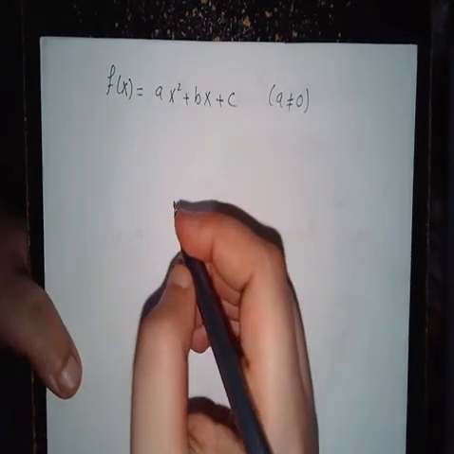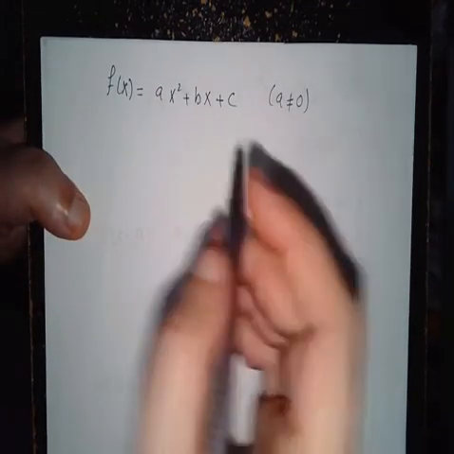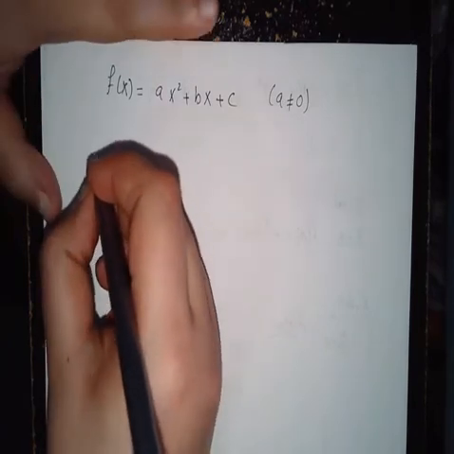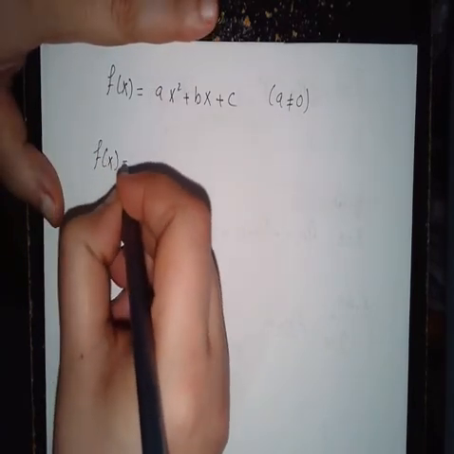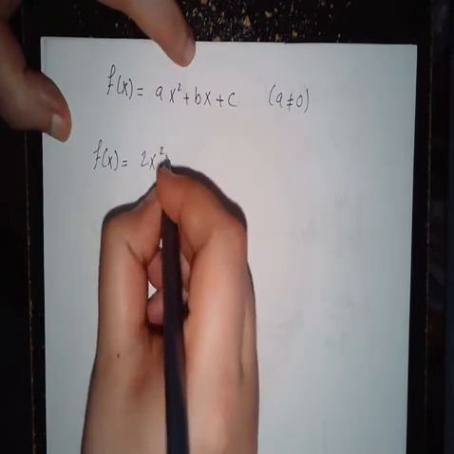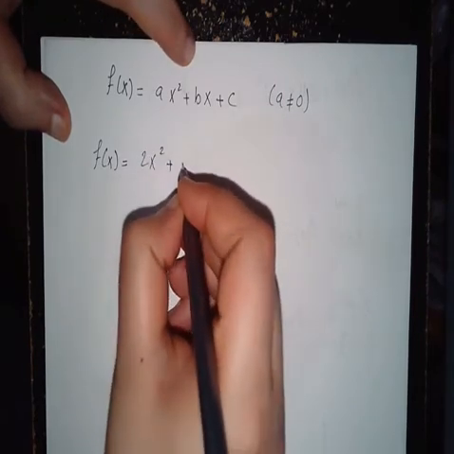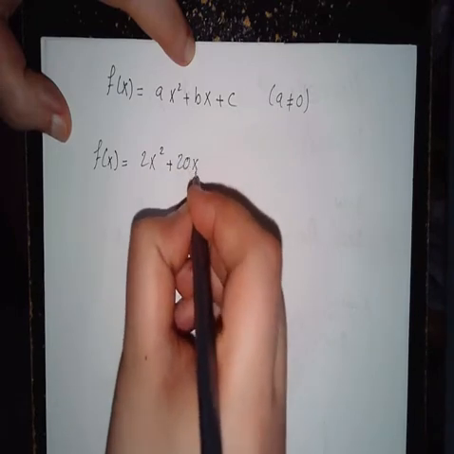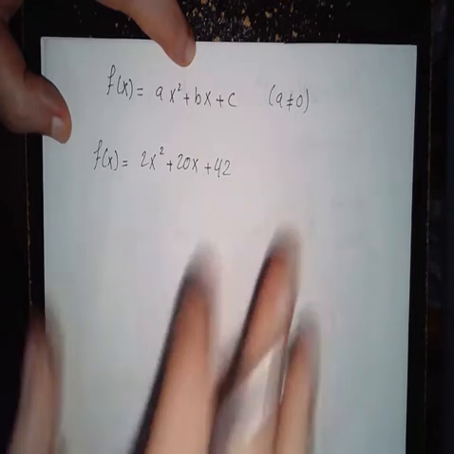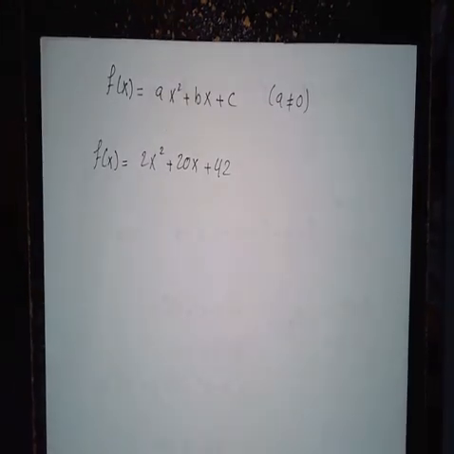Now, let me give you an example. Say f of x is the following: 2x squared plus 20x plus 42.